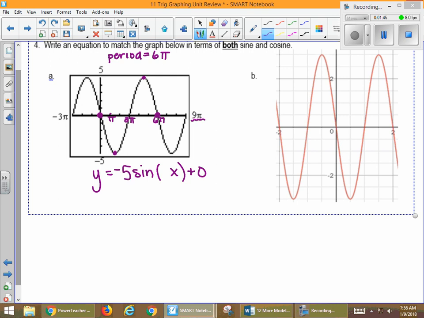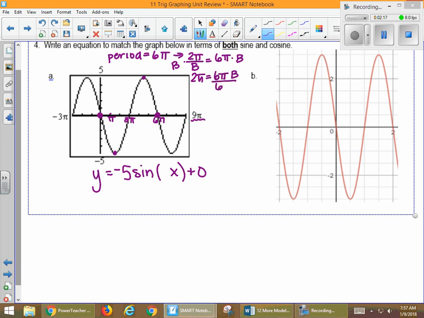Now the only thing we have to deal with is that number in front of x. Since the normal period of a function is 2 pi, the period of this guy is 6 pi. So the way we do that math, 2 pi divided by some number, that's our b, is 6 pi. I can kind of multiply my b over, if you want to do every little step here. 2 pi equals 6 pi b.